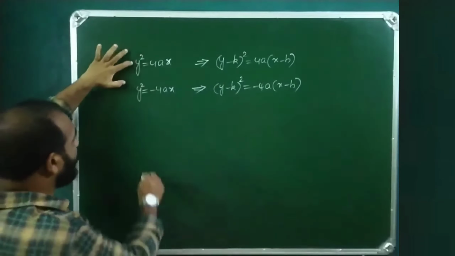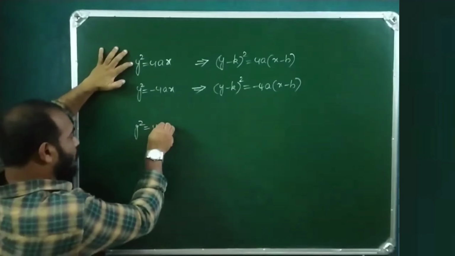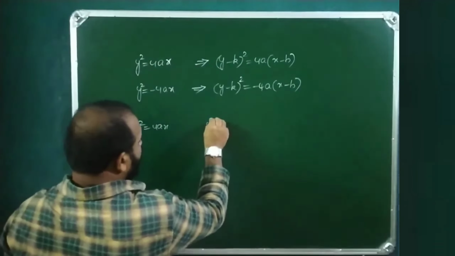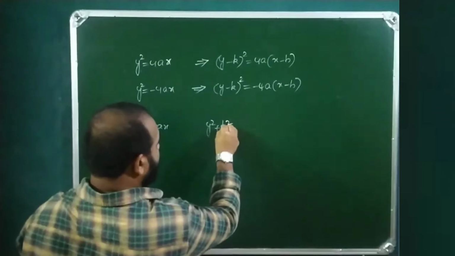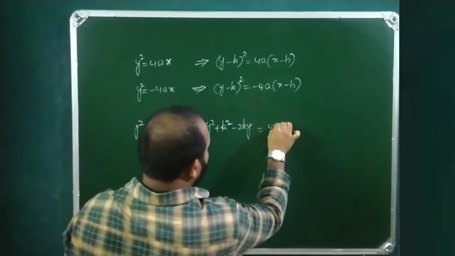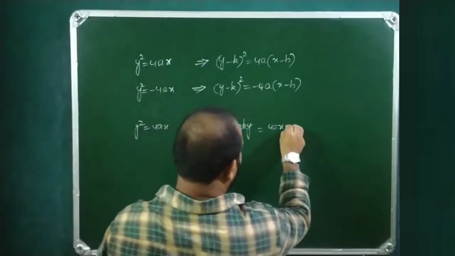So if you expand it, y square plus k square minus 2ky equals 4ax minus 4ah.